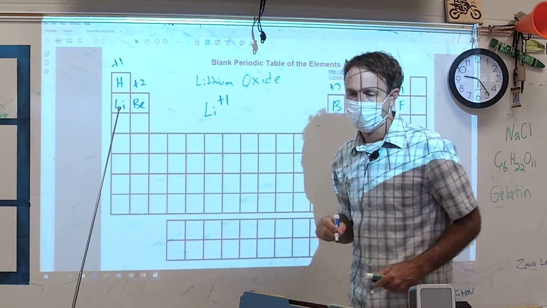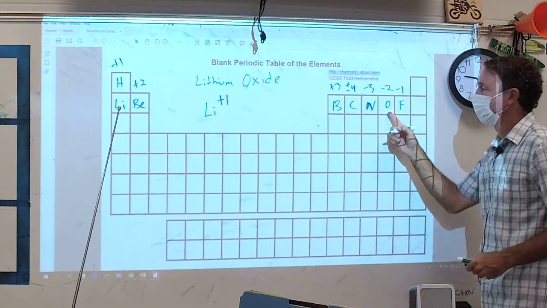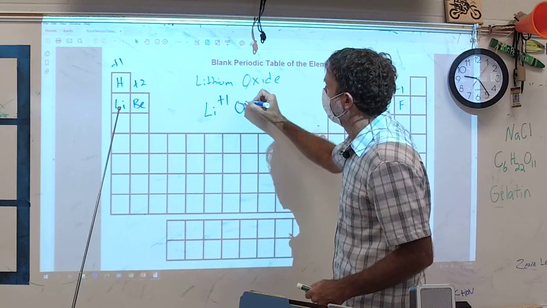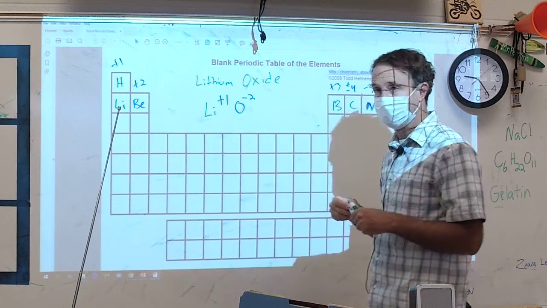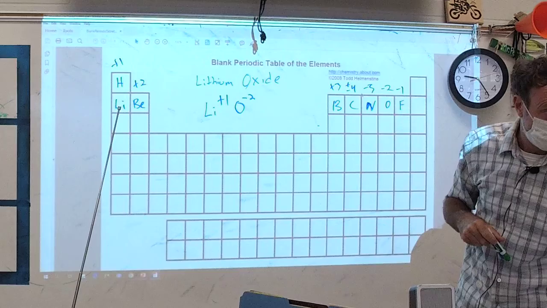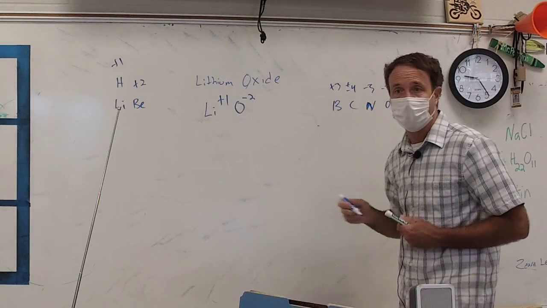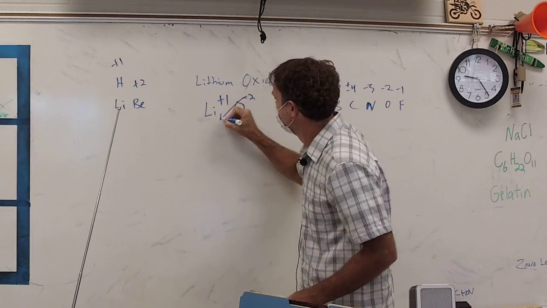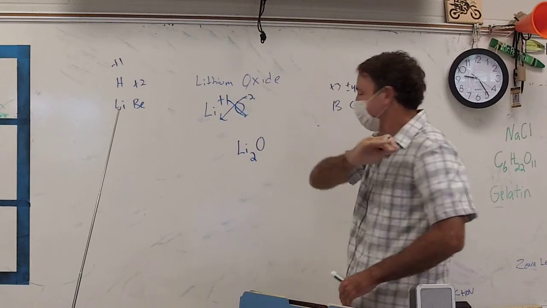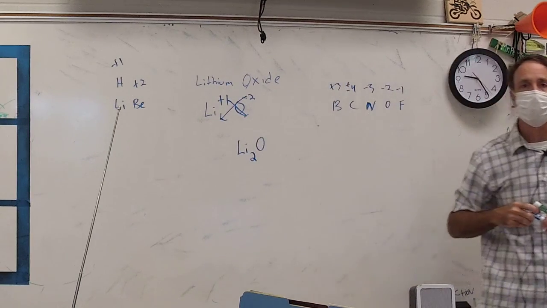And then oxygen, it's in the negative 2 group. O, negative 2. Then you just take those two numbers that you wrote down and you crisscross them. Li2O. Done. Never going to be wrong.